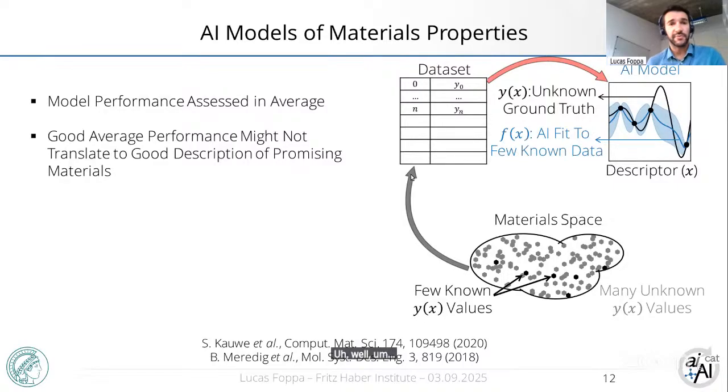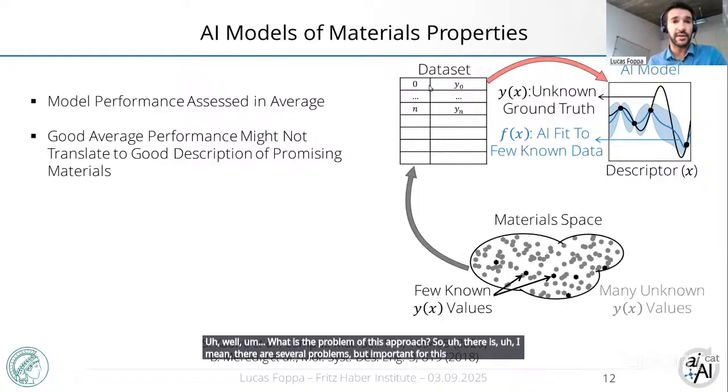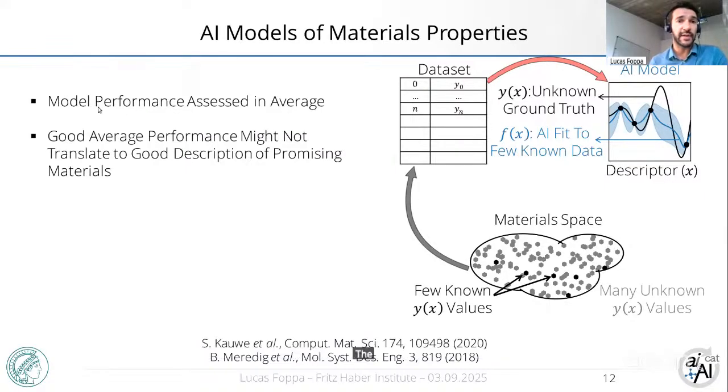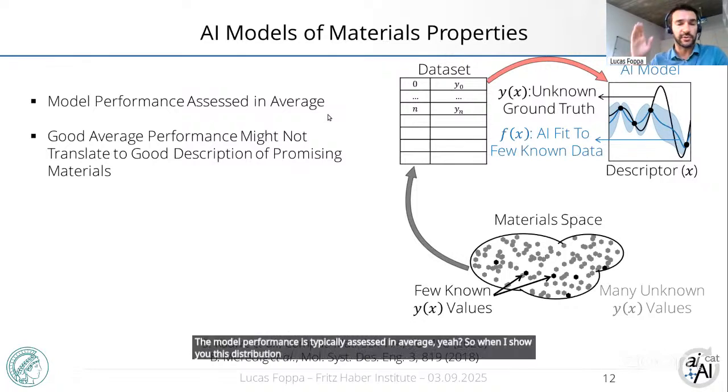What is the problem of this approach? There are several problems, but important for this presentation is that the model performance is typically assessed on average. When I show you this distribution of errors, these violin plots, normally we don't even analyze the whole distribution of errors, but use the mean value as an indication of the performance of the model.